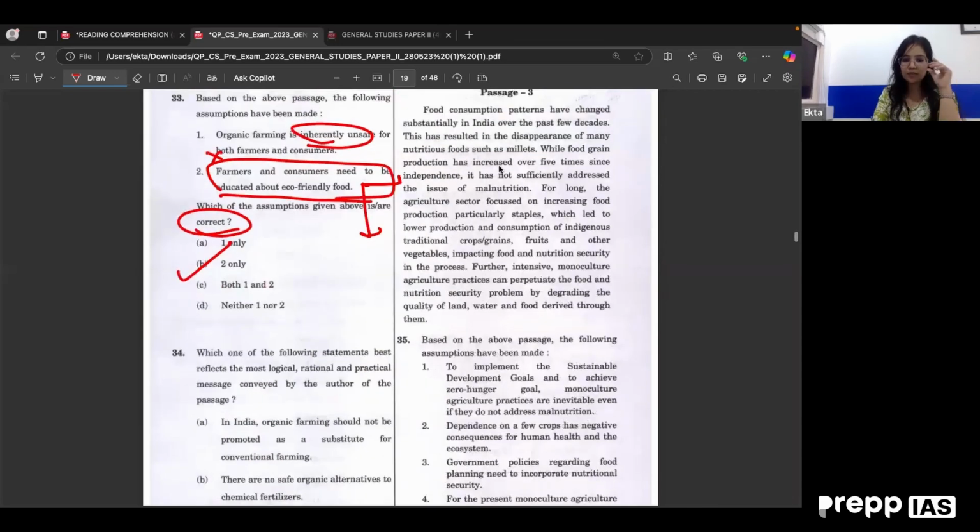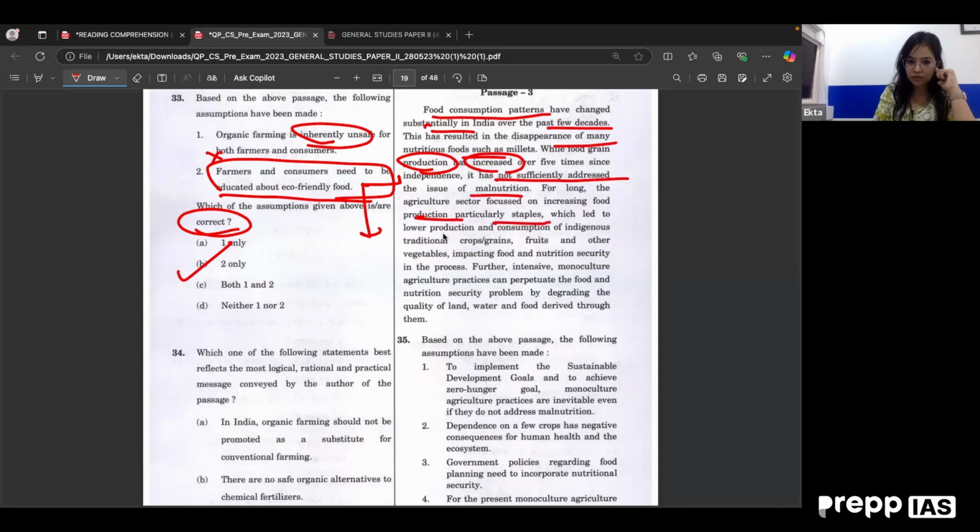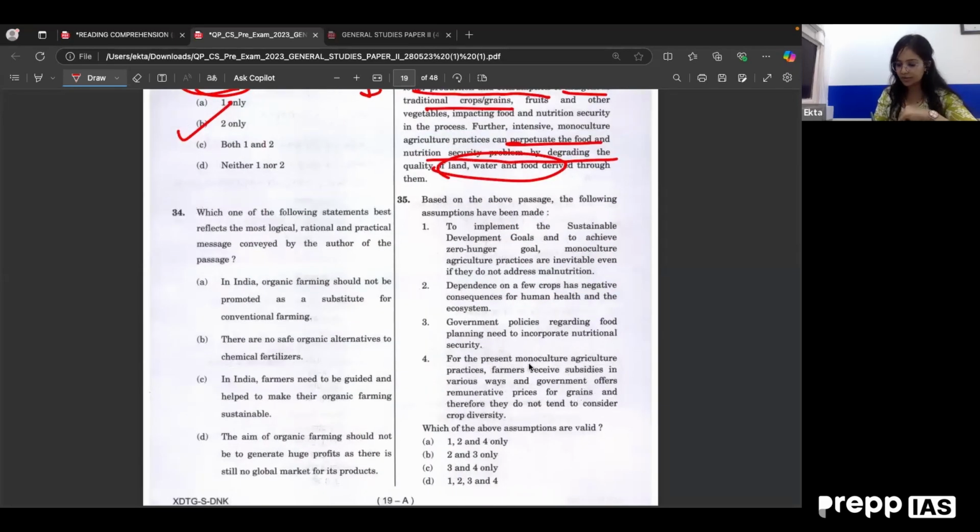This is the passage. These are the options.